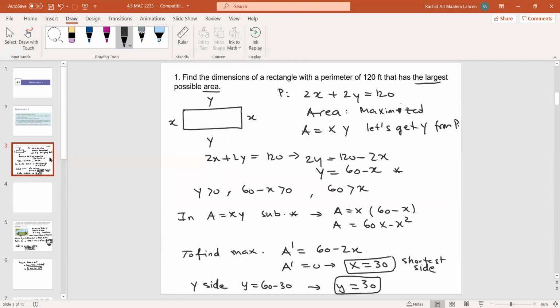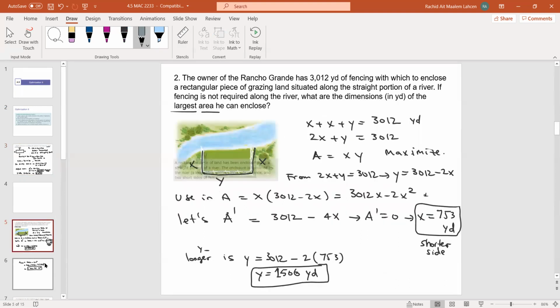So A in terms of X, not in terms of X and Y. You see, you have X and Y just in terms of X. Then we solve. Once we substitute, we get the equation for whatever we're maximizing or minimizing, take the derivative, set it equal to 0, and solve.